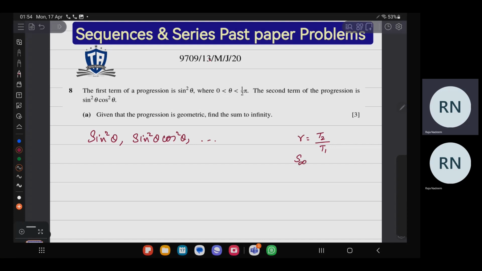The value of R is equal to sine square theta into cos square theta, divided by the first term, which is sine square theta. When you cancel, R is cos square of theta.